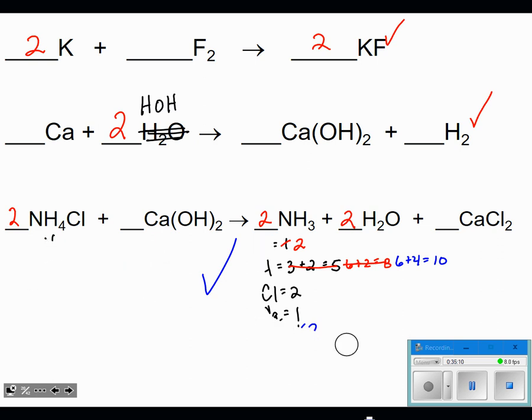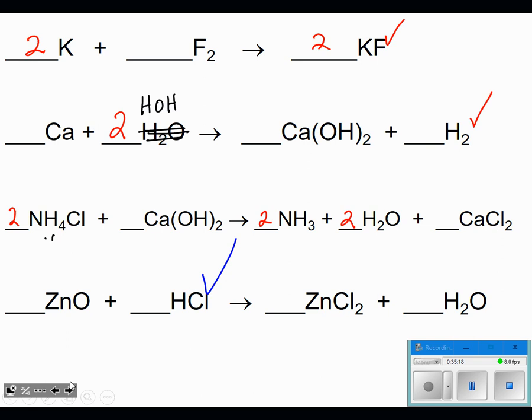All right. That one was a little more complicated. Like I said, these can be kind of complicated at times. So just be aware that it's really just counting elements. All right, so let me move my balance check. I've got Zn. This one would be one where, again, I would probably recommend doing the water as HOH.